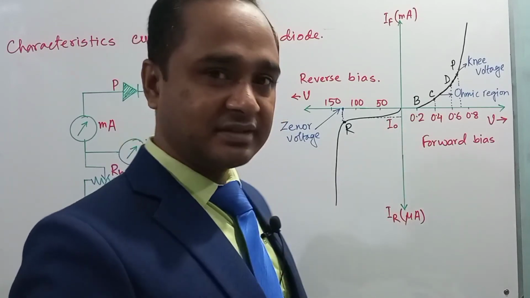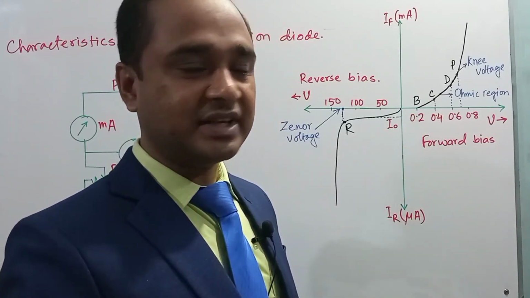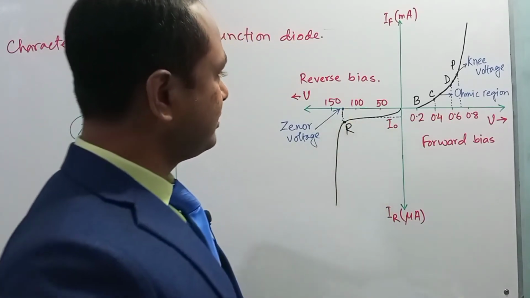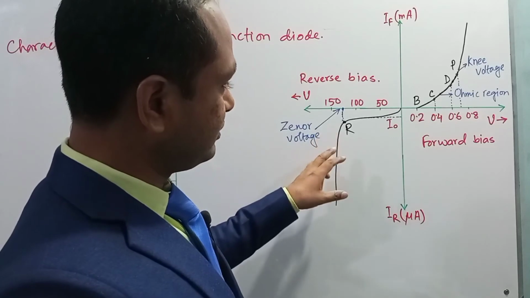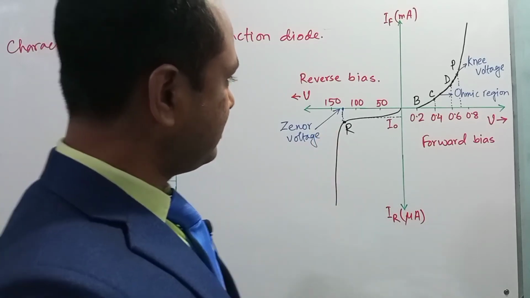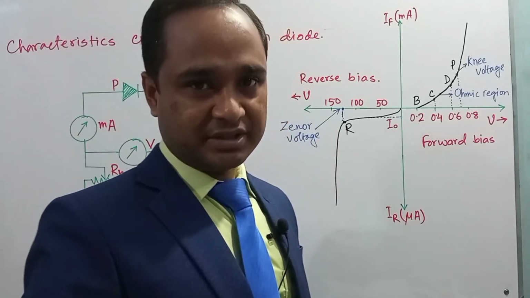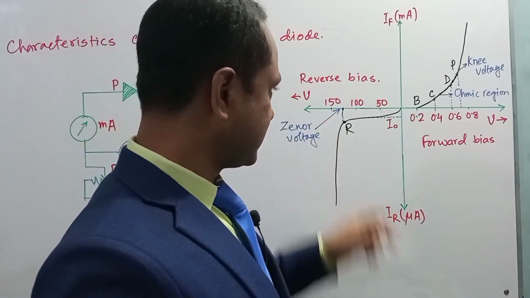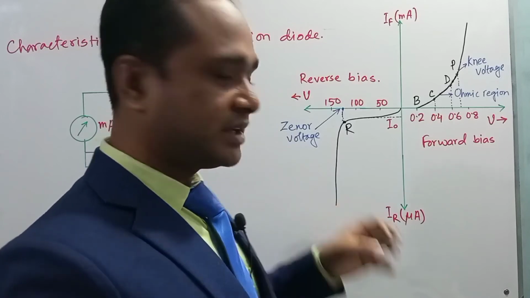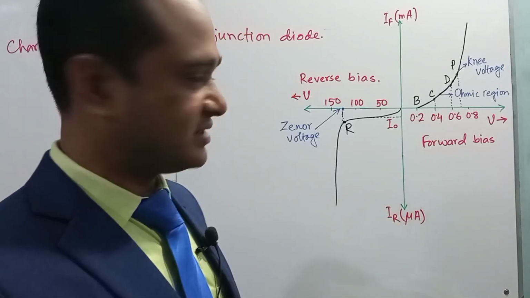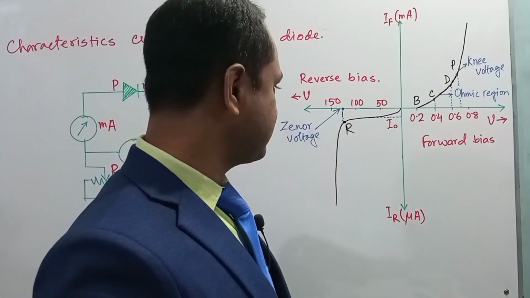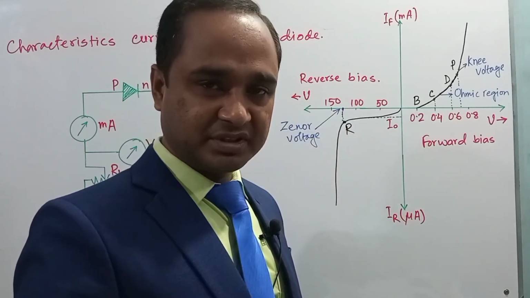So in this way, after a certain value of the reverse applied voltage, the barrier of the junction diode will break down, and this value of the applied voltage is known as breakdown voltage or Zener voltage. Scientist Zener discovered this phenomenon, so this is known as Zener voltage or breakdown voltage, right.